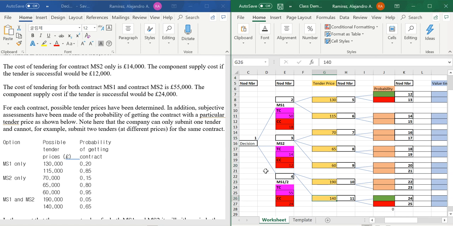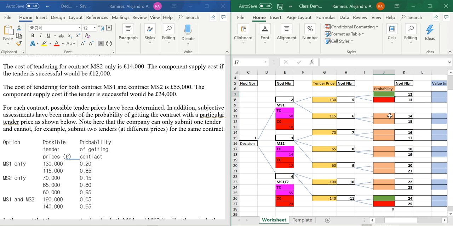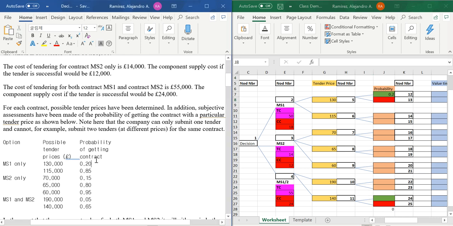Okay, so now let's fill in the probabilities. Probability always means everything happens 100%. Everything adds up to 1. So in this case, this MS1 is 20%, so we're going to put 0.20 here. And then the likelihood that it won't happen is not given here.